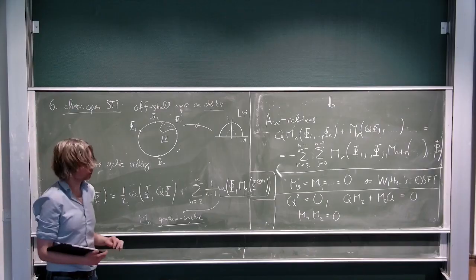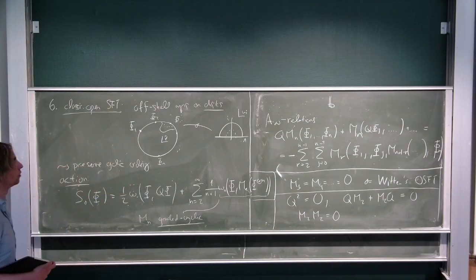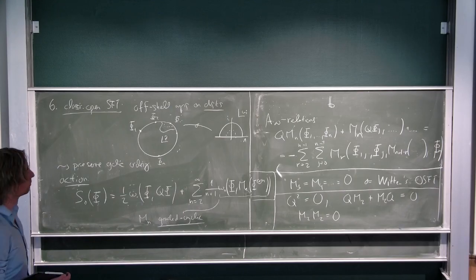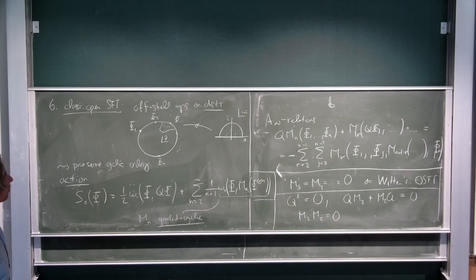Can we define open string theory to be an A infinity algebra, or is the inclusion strict? Any open string theory gives you an A infinity algebra. Of course, in order to completely specify an A infinity algebra, I first of all need to specify the Hilbert space on which these products act.